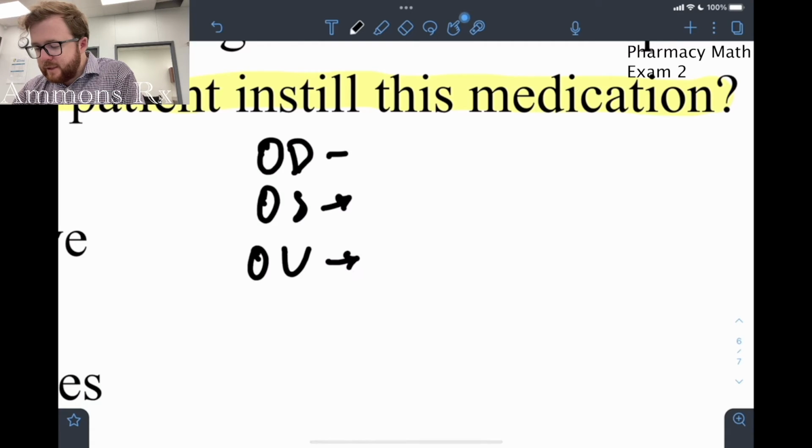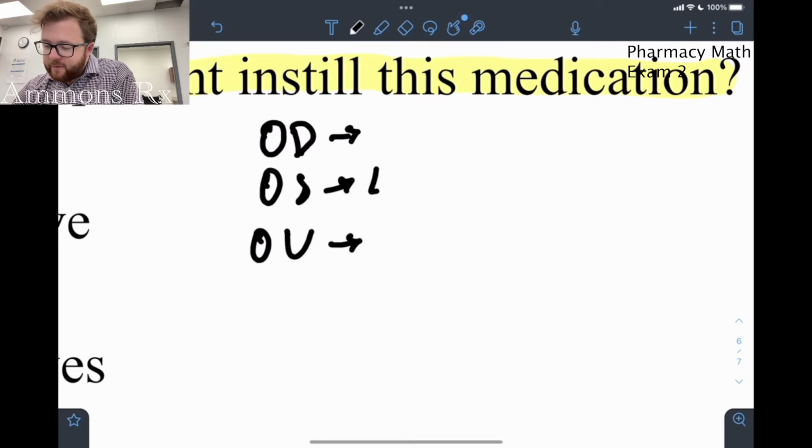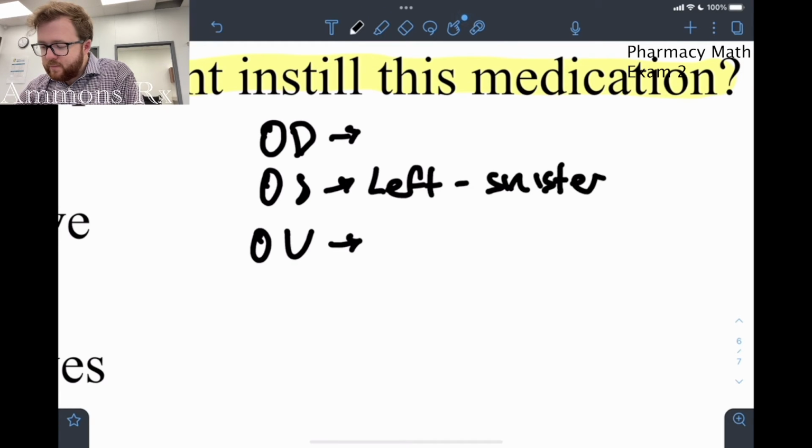And like in exam number 1, I told you to remember the way that you think of the left and the right, because in the biblical sense, they say that the left hand is the bad one, and the right hand is the good one. So left is sinister. Your right is dexter.